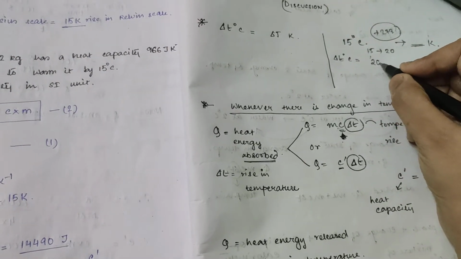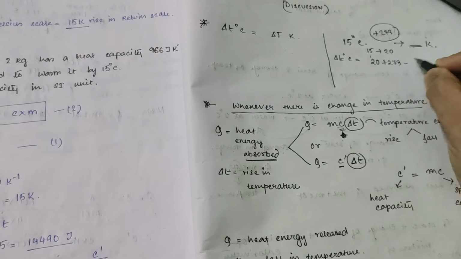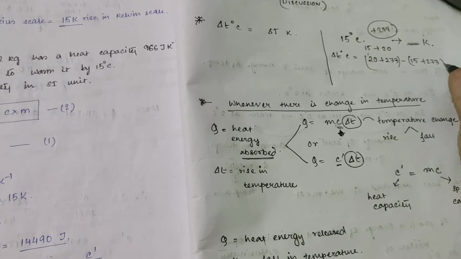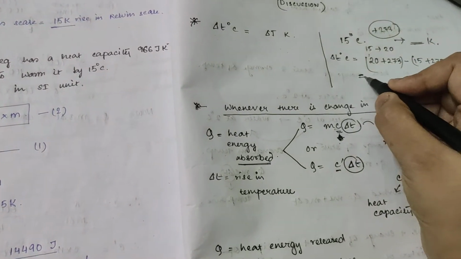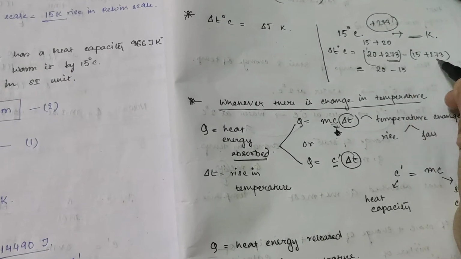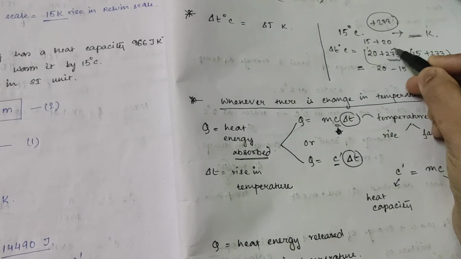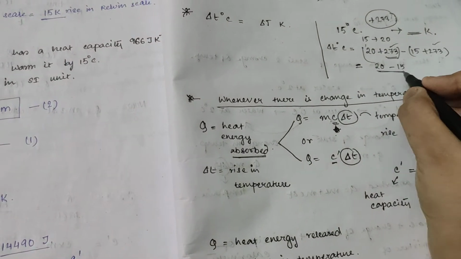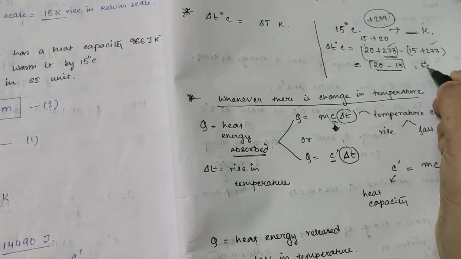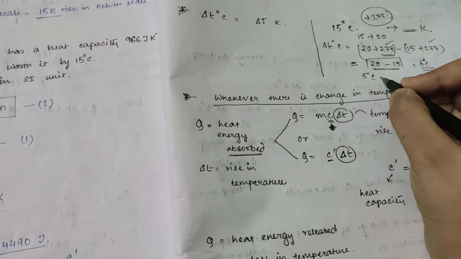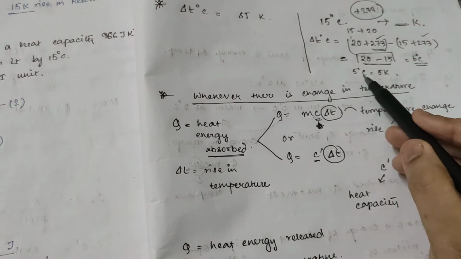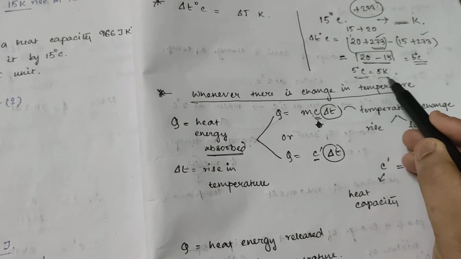So 20 plus 273 minus 15 plus 273, isn't it? That makes us 20 minus 15 plus 273 minus 273, 0. So that is 5 degrees Celsius. So 5 degrees Celsius equal to 5 K then, when it comes to the temperature difference, mind it.